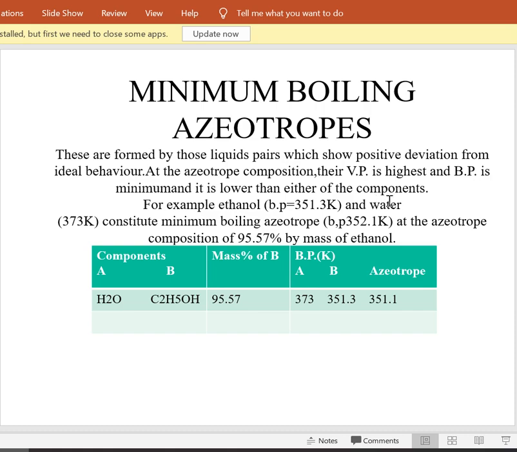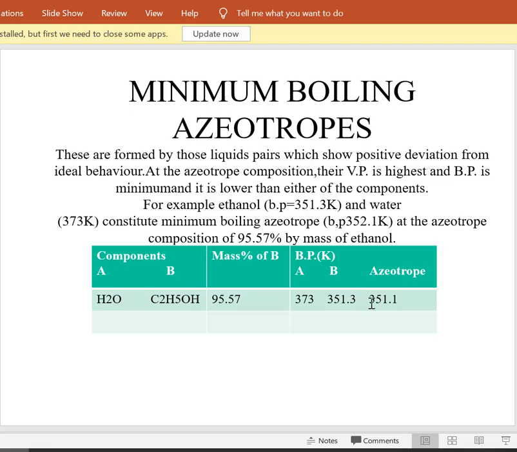It means that for the two components you have mixed, take for example water and C2H5OH. The boiling point of C2H5OH is 351.3, and the boiling point of water is 373. They constitute a minimum boiling azeotrope at 352.1 at the azeotrope composition of 95.57% by mass of ethanol.